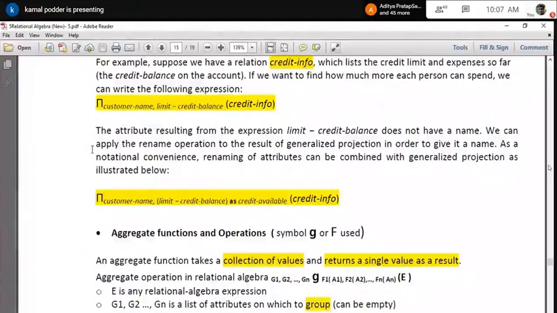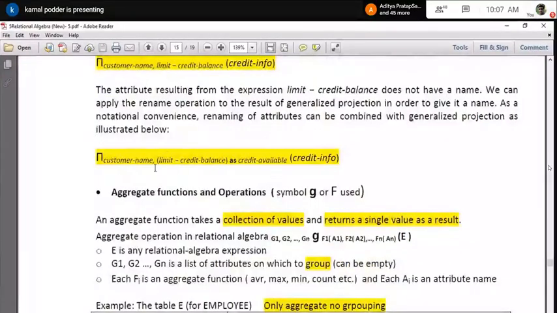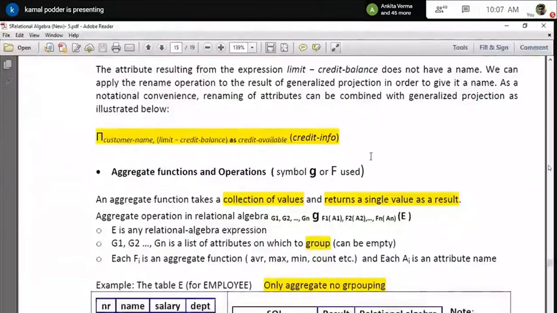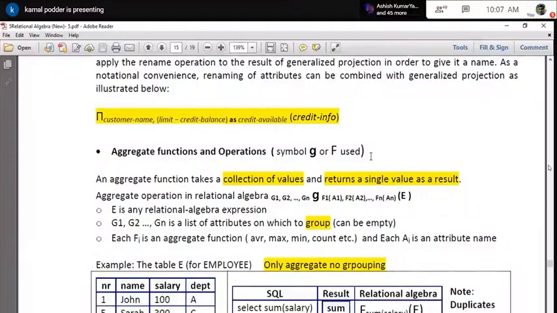Similarly, here I am also using an arithmetic expression, and at the same time I can use an alias. For this calculated column, I give an alternate name, credit available. We use the same technique in the select clause, an alias for a calculated column, so that the alias appears as the column heading.